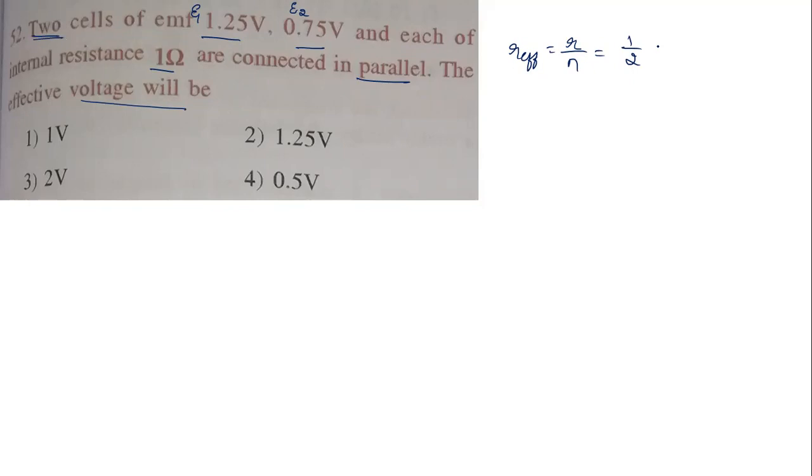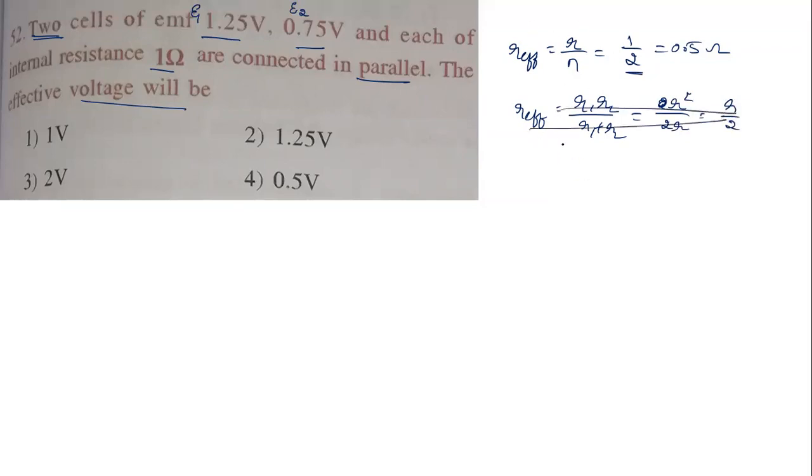It will become 0.5 ohm. How did I get to know? R effective is given by the formula R1 R2 by R1 plus R2. Since they are identical, it will become R square by 2 times R, so it will become R by 2. So this is a general formula.